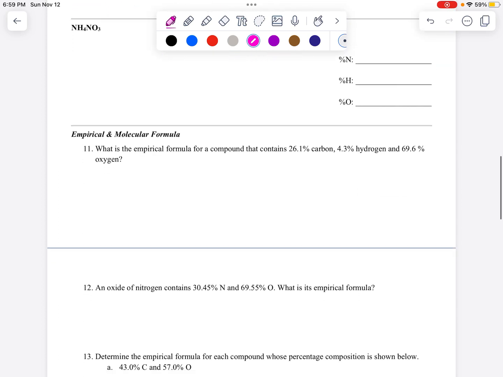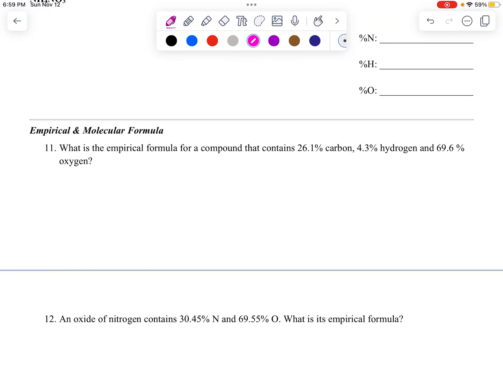What I'm going to do is turn these percentages into the number of grams. Let me explain why. Whatever this compound is, I know that it's carbon something, hydrogen something, and oxygen something.